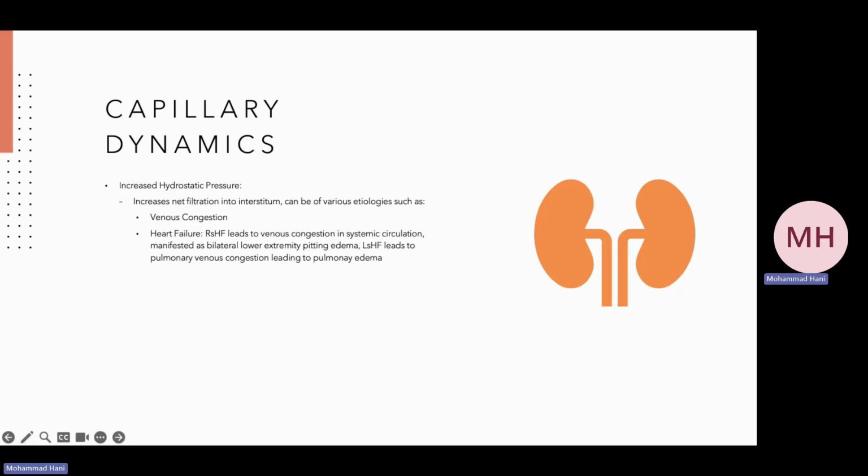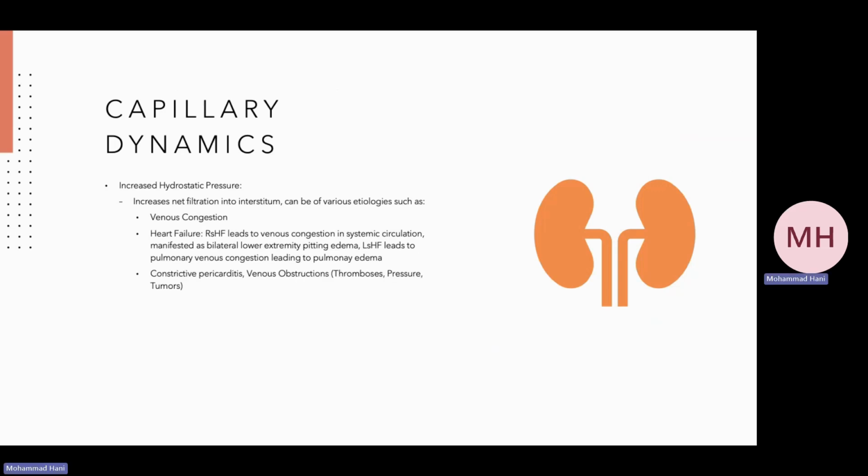Characteristic findings of right-sided heart failure include bilateral lower extremity edema of pitting type. We'll get into pitting and non-pitting edema later. Left-sided heart failure will lead to venous congestion, and that gives rise to pulmonary edema.